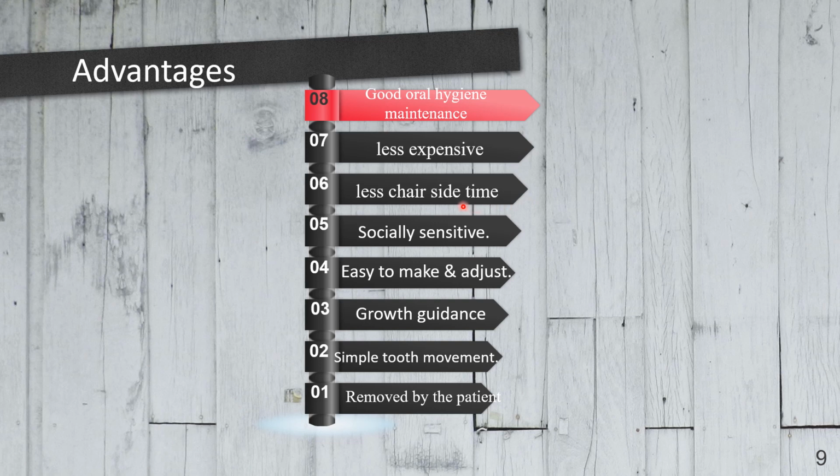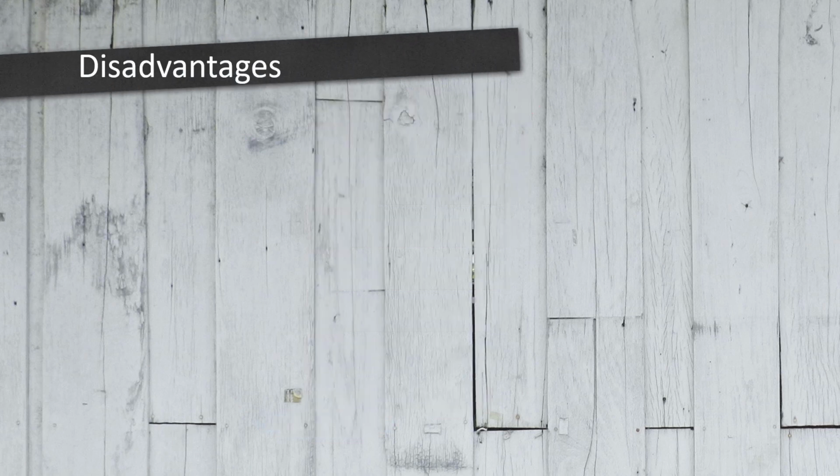The removable appliance needs less time in the clinic for adjustment and work. It is cheap and less expensive in comparison with the fixed orthodontic appliance, and oral hygiene maintenance is easy because the appliance can be removed extraorally and cleaned and then reinserted intraorally.